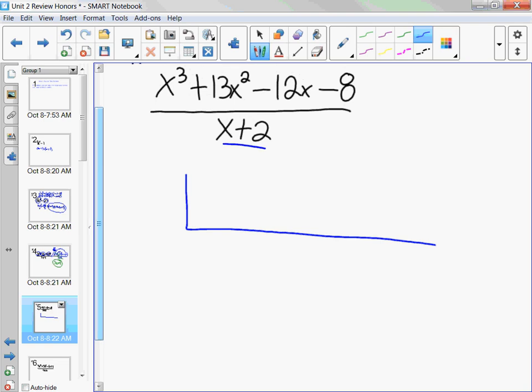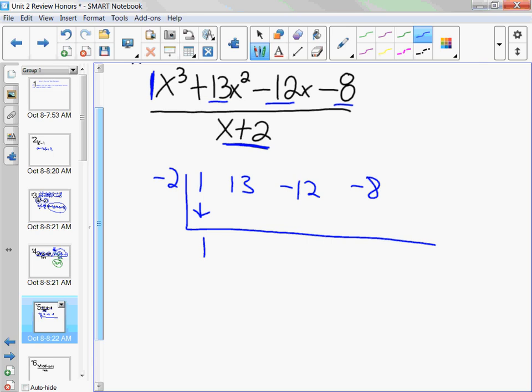I take the opposite of that number right there, 2, and I get the root, which is negative 2, remember, put it on the outside. I use the coefficients, which are 1 in front of the x cubed, 13, negative 12, and negative 8. I put them right there, and I bring down the first number right there, 1, and I've set it up.